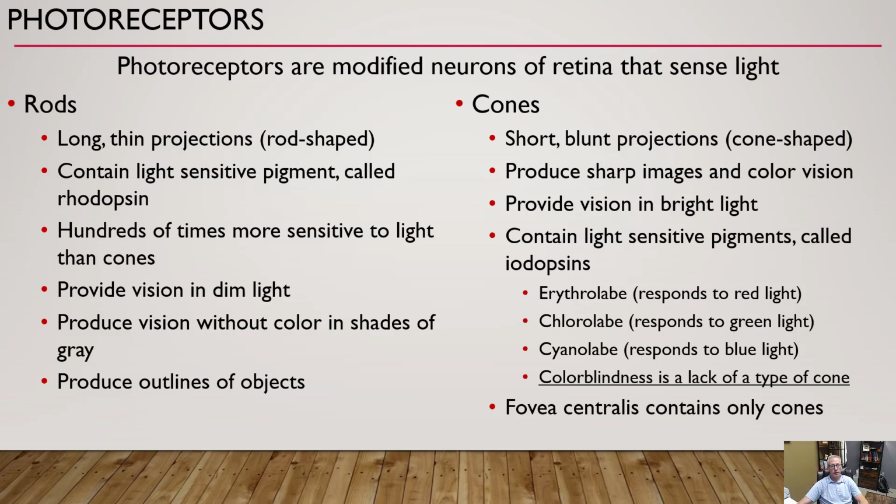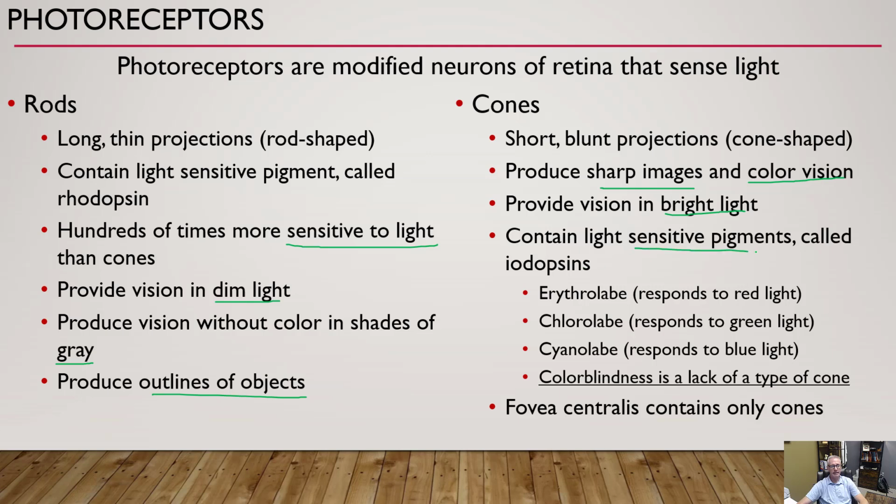So rods have obviously a rod-shaped appearance, and they're very sensitive to light, more sensitive to light than cones are. So they help us see in dim light. They help us see in shades of gray and the outline of objects. Cones actually produce very sharp images and let us see in color. They help us see in bright lights.